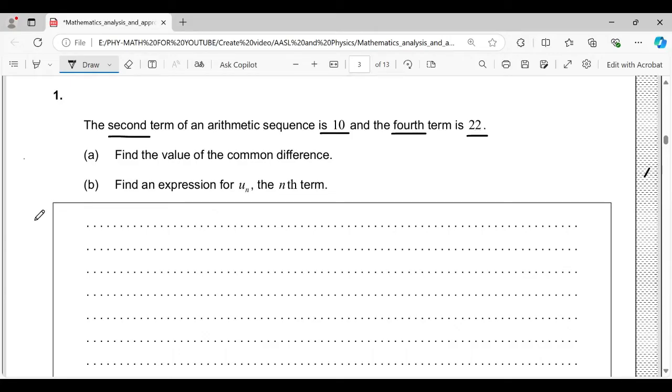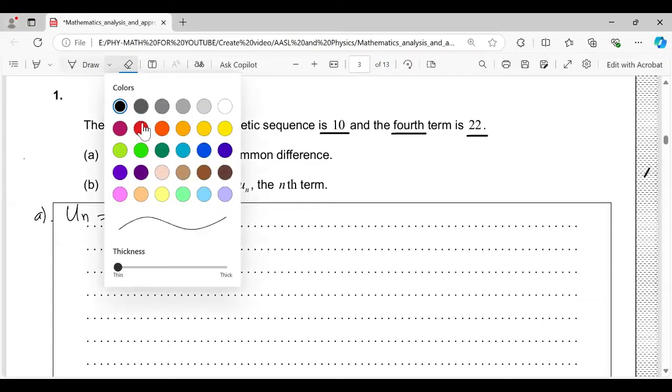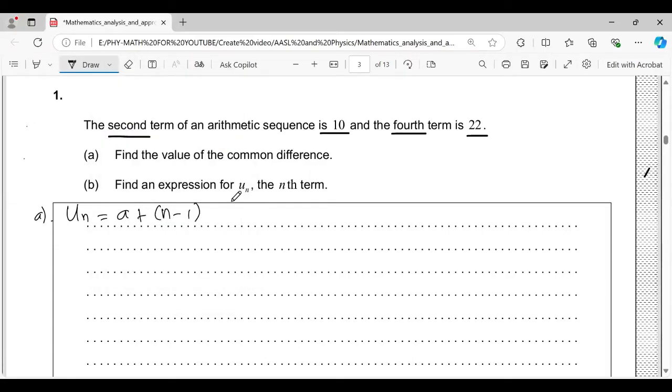The formula to find a term of the arithmetic sequence is like this: un equals a plus n minus 1 multiplied by d. Sorry, not b, but d.